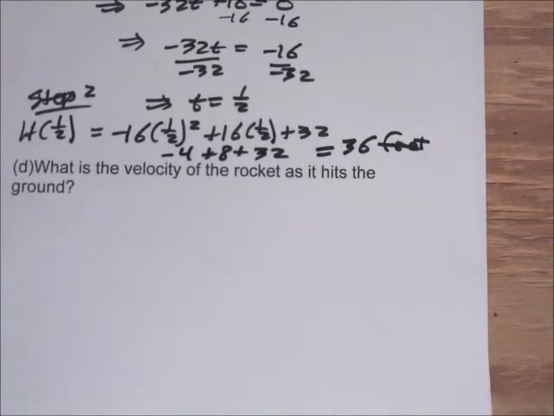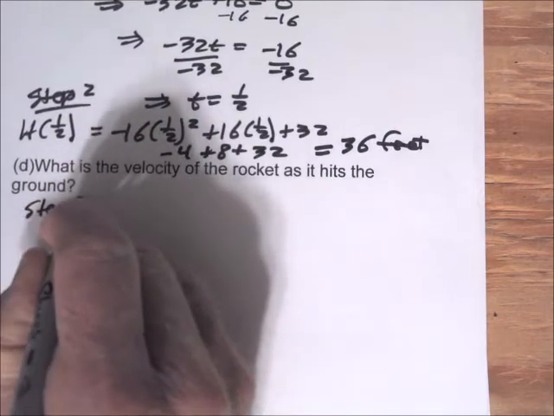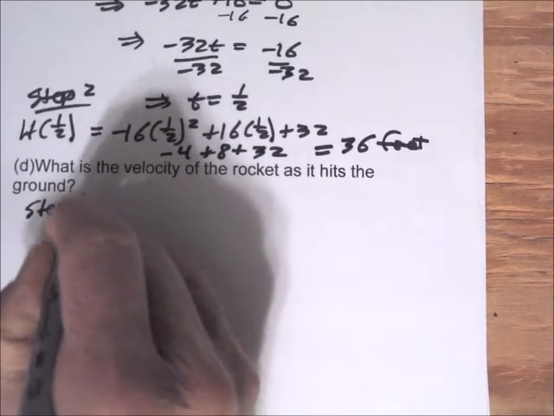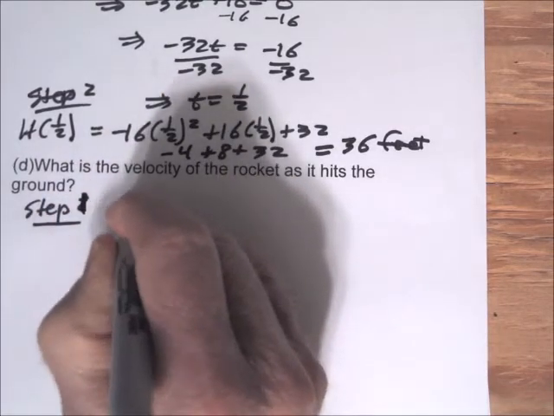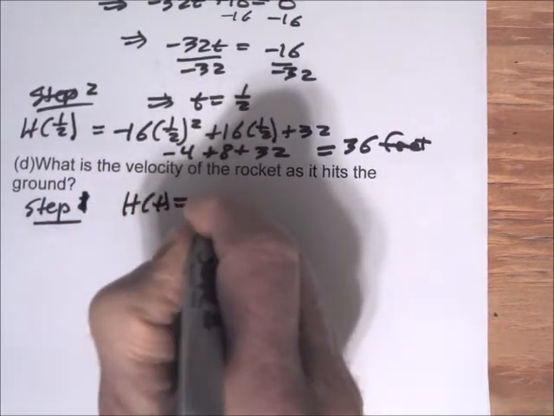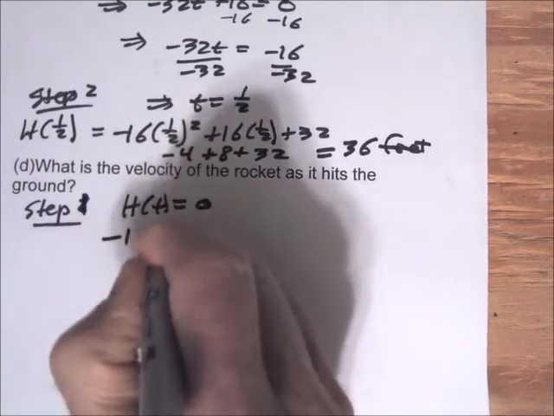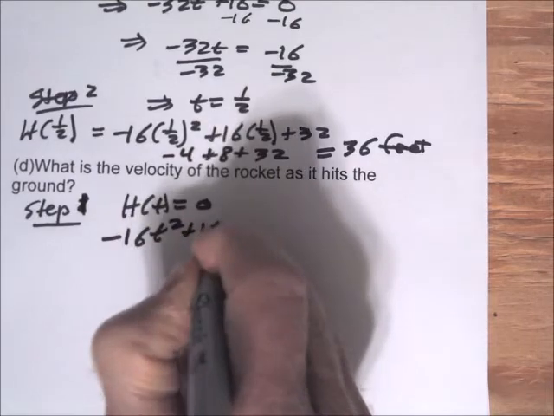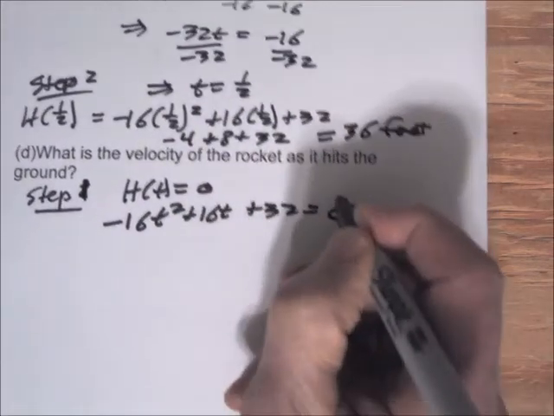Okay, so let's find, step 1, the time it hits the ground. When it hits the ground, the height is 0. So step 1, we can solve h of t equals 0. That means that minus 16t squared plus 16t plus 32 equals 0.